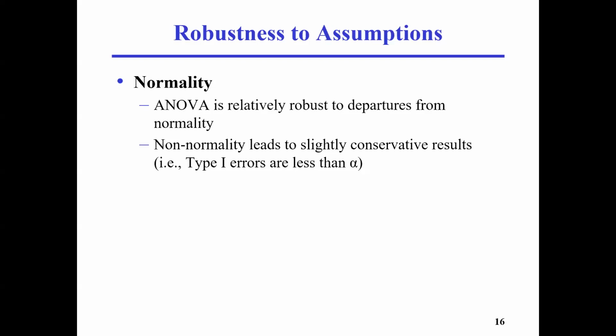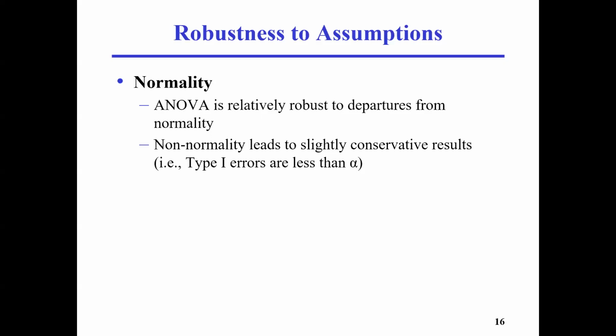And non-normality leads to slightly conservative results. What does it mean? It means that if your populations are not strictly following a normal distribution, it's less likely to have type 1 error.